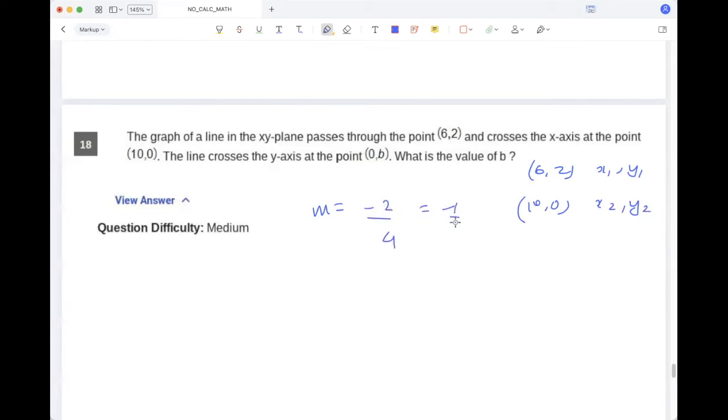So the slope is minus half. So I can say y is minus half x plus b, because b is the y-intercept. And then I can put (10, 0) in this equation. So 0 is minus 5 plus b. So b is 5.